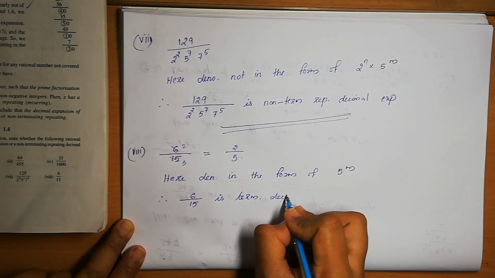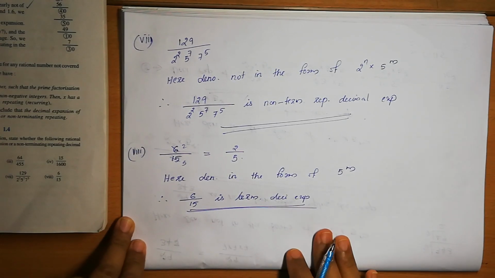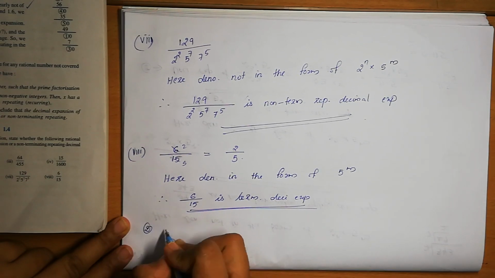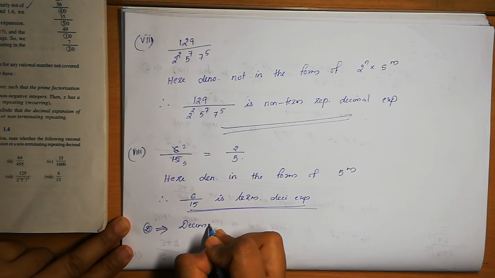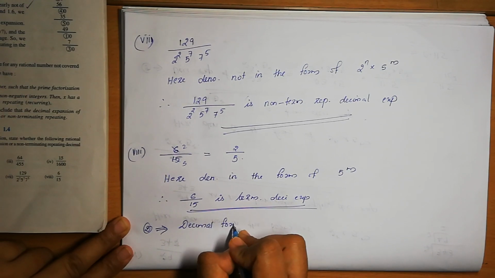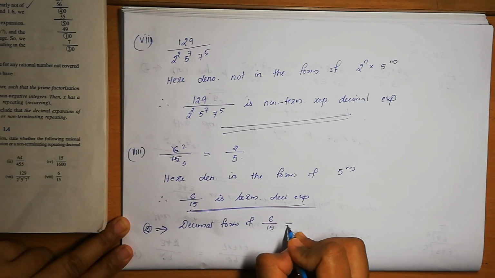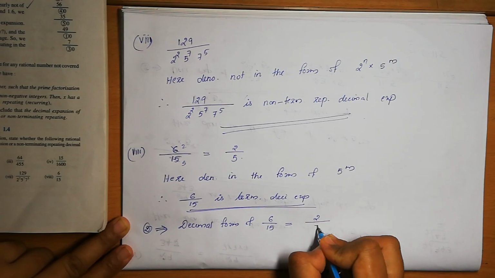terminating decimal expansion. If it is terminating decimal expansion, we need to write the decimal form of this number also for the question number 2. So the decimal form of 6 by 15. 6 by 15 is equal to what? 2 by 5, right? 2 divided by 5.